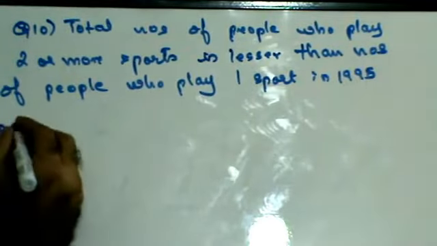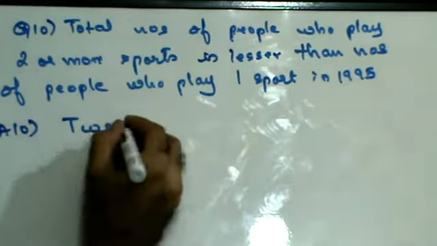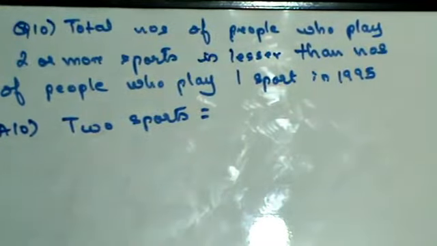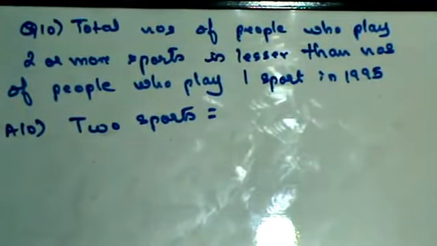Now let's first find out 2 sports. How many of them play 2 sports? They are saying the number of people who play 2 or more sports. Now 2 or more sports is going to be everything which is there in the intersection.